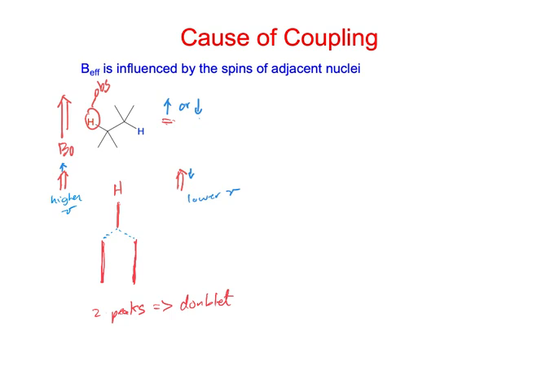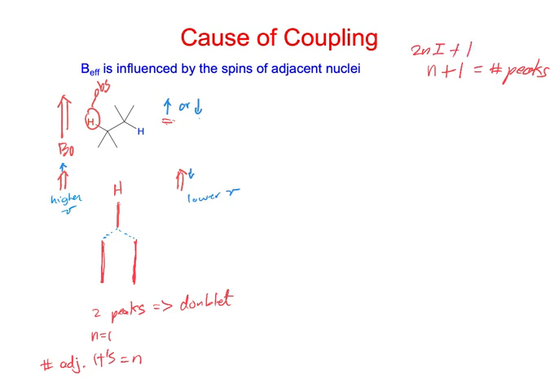The number of adjacent H's, we're going to call this N. Here, N equals 1. And our rule is going to be N plus 1 equals the number of peaks. In fact, it's actually 2NI plus 1.